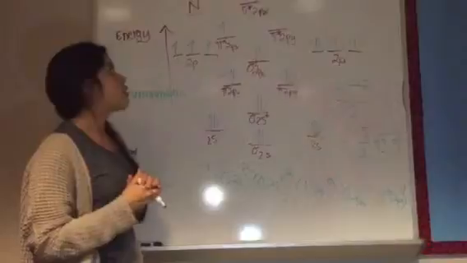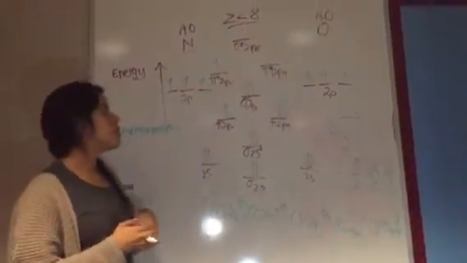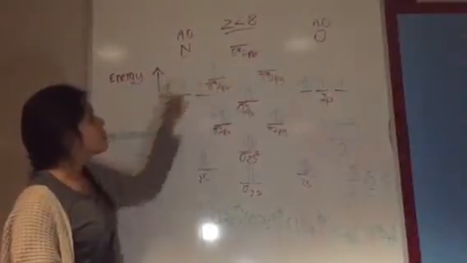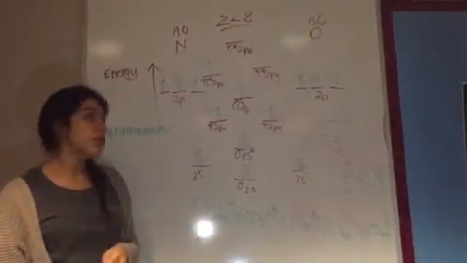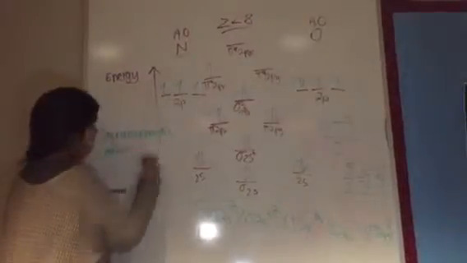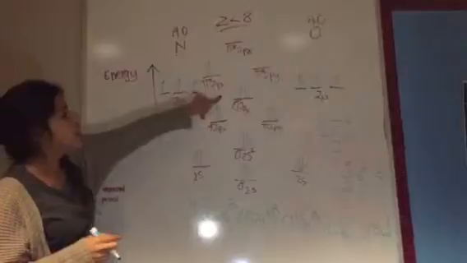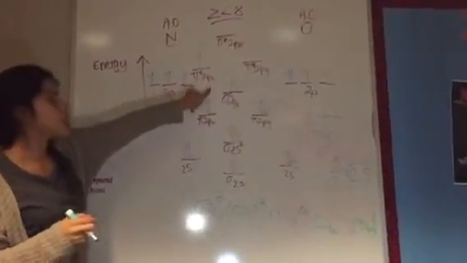paramagnetic. And then also some other questions you can get for it were, what are the HOMO and LUMO of it? So the HOMO of this would be highest occupied molecular orbital. So the HOMO would be the highest occupied one, which is pi star 2p. So that's the pi 2p antibonding.